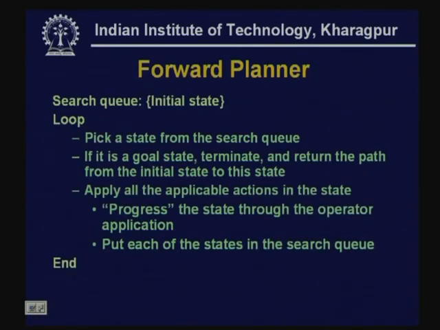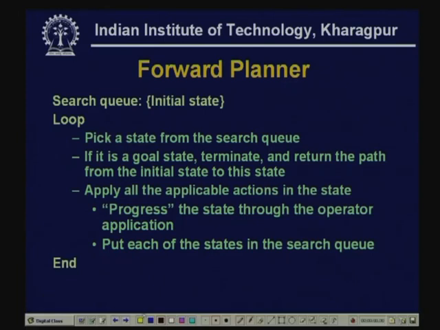So, let us review the algorithm for forward planner. In a forward planner, initially the agent is in the initial state, and we maintain a search queue, and we put the initial state in the search queue. Then we have a loop. In the loop, we pick a state. So, first step is pick a state from the search queue and examine the state.